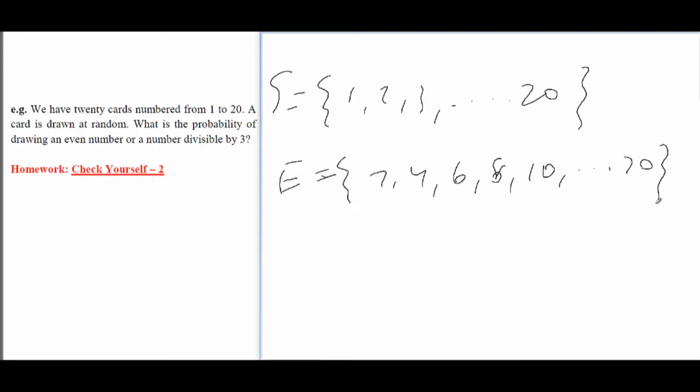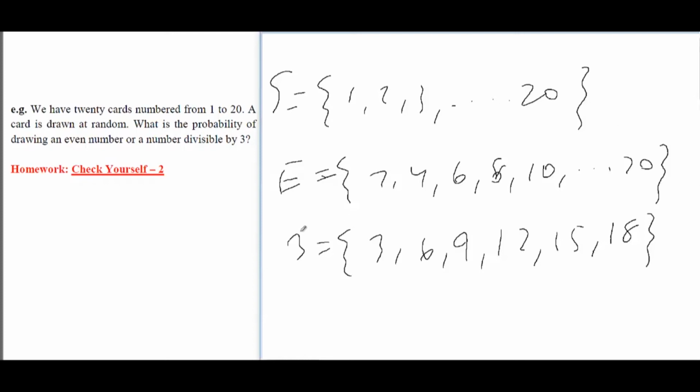So how many numbers are there in set E, the even numbers between 1 and 20? There are 10 numbers. And for numbers divisible by 3, let me denote it by 3, there are 3, 6, 9, 12, 15, and 18. There are 6 numbers which are divisible by 3 between 1 and 20.